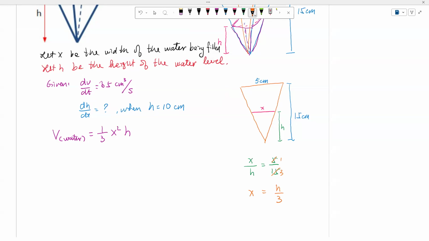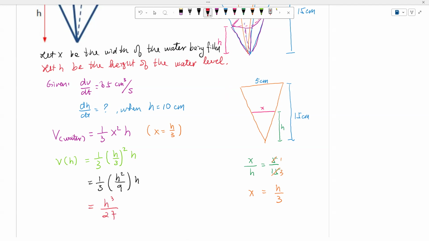Because we know that X is equal to H over 3, V of H, the volume depending on H, is 1/3 times (H over 3) squared times H. Replace X with H over 3, then H squared over 9 times H, so I will have H to the power 3 over 27.